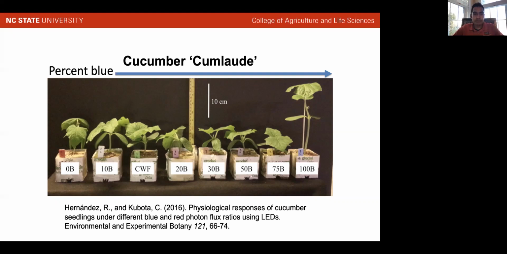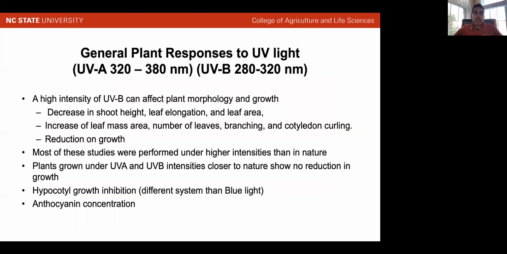So what I'm trying to convey with this slide is that it all depends, and the ratios are very important. Now, general plant responses to UV light. UV light can be divided into UVA, 320 to 380 nanometers, and UVB, which is actually what gives you a tan, between 280 and 320 nanometers. You have other UV like UVC, but typically that's for germicidal uses and is not part of the sun spectrum.